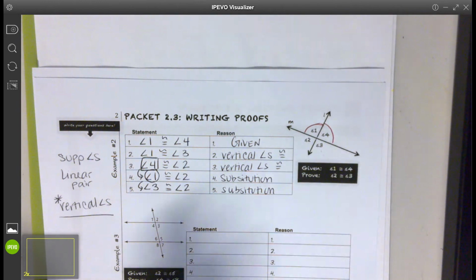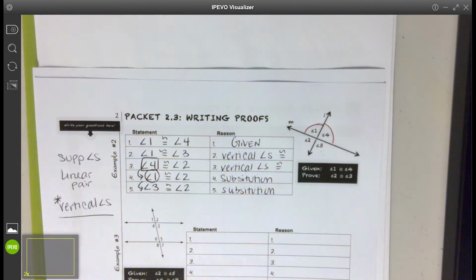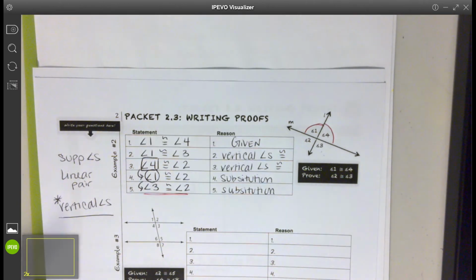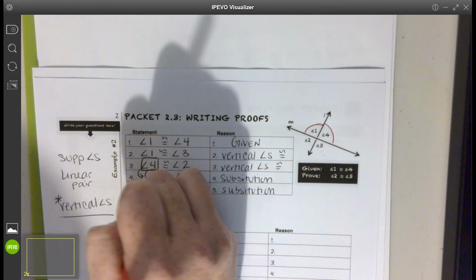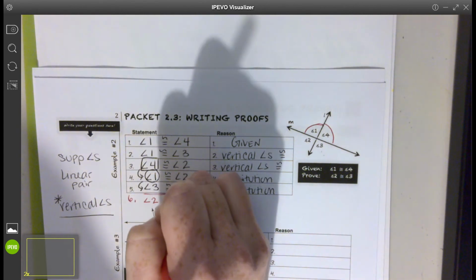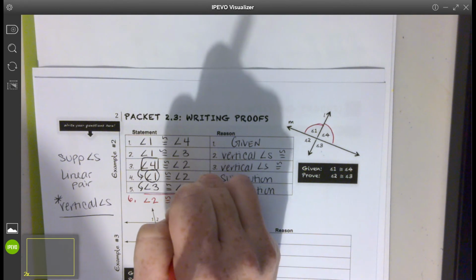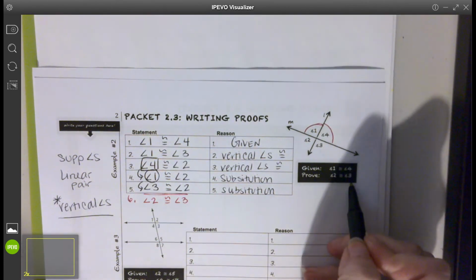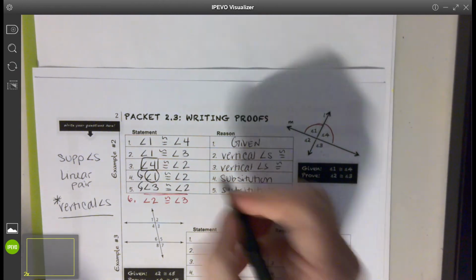Now, am I done? 99% of the way. What we don't like to see is we have it written in reverse. So we want to fix that. So I'm actually going to add an extra step. I'm going to say angle 2 is congruent to angle 3. We want to make sure it's written the exact same way as in the proof line that they're giving us.